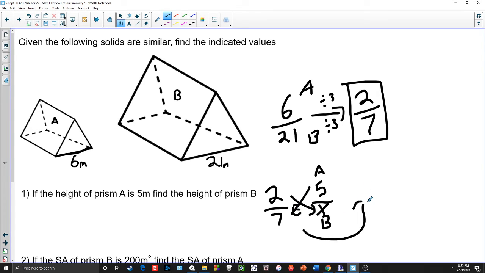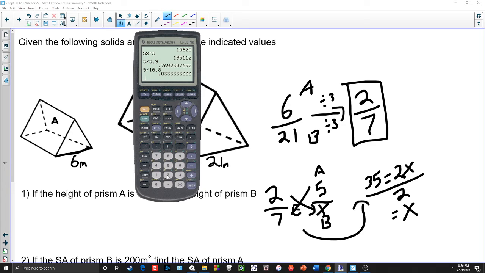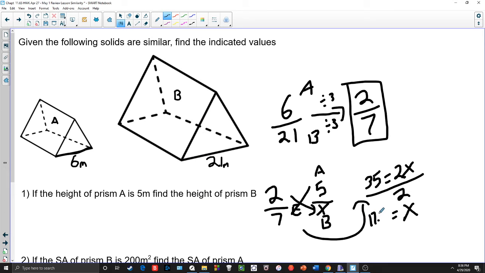And I'm going to do this over here. We get 5 times 7, which is 35, is equal to 2x. And divide by 2. And we get x is equal to 17, I think. 17.5 rather. 35 divided by 2. Yeah, 17.5. So it'd be 17.5 meters if we want to label it correctly. And that would be my answer.